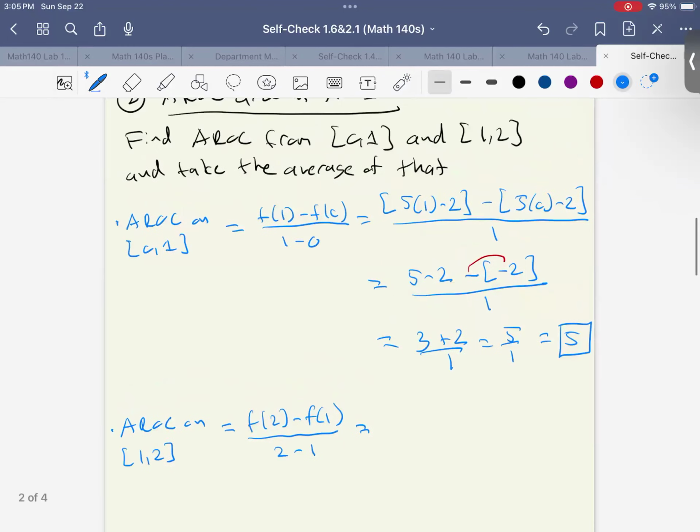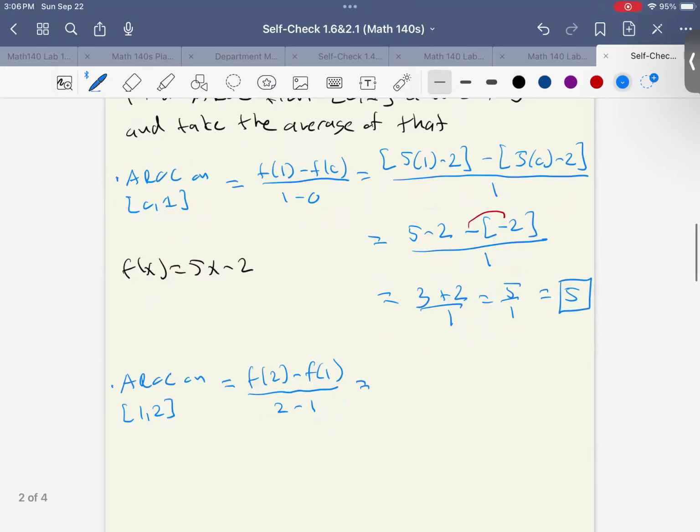So f of 2, recall the function f of x equals 5x minus 2, right? So we're plugging in 2. This is 5 times 2 minus 2 minus 5 times 1 minus 2 all over 2 minus 1.